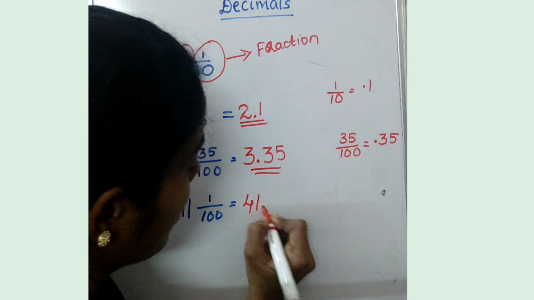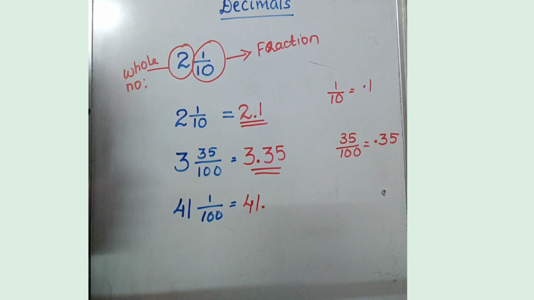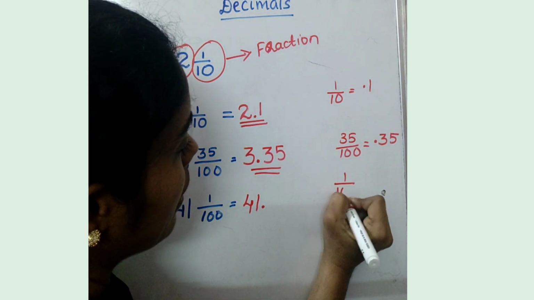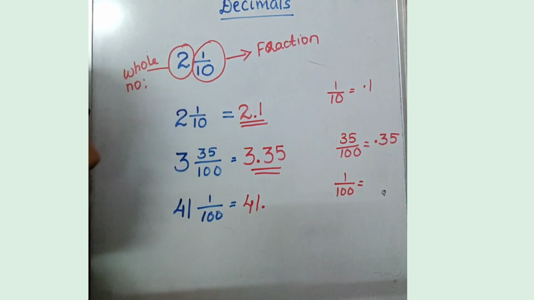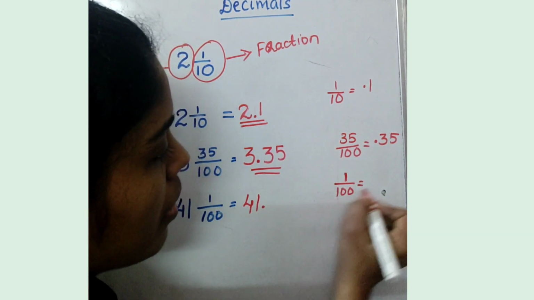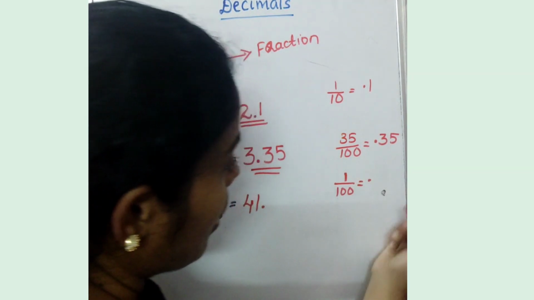Put the decimal point, 41 point, then 1 by 100.